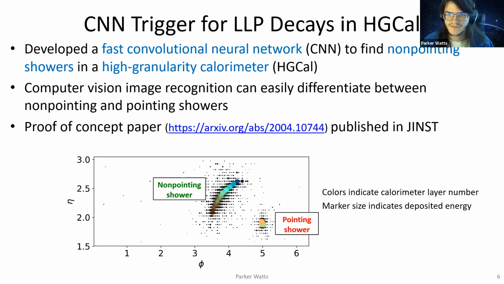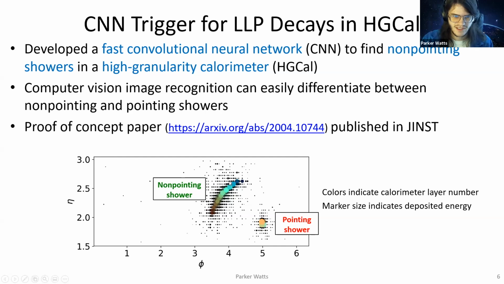And now we get to the main part of the project, which is a CNN trigger for LLP decays in the HGCal. That's a fast convolutional neural network to find non-pointing showers in the HGCal. CNNs are good at image recognition, so it can easily differentiate between the signature of a non-pointing shower and a pointing shower.